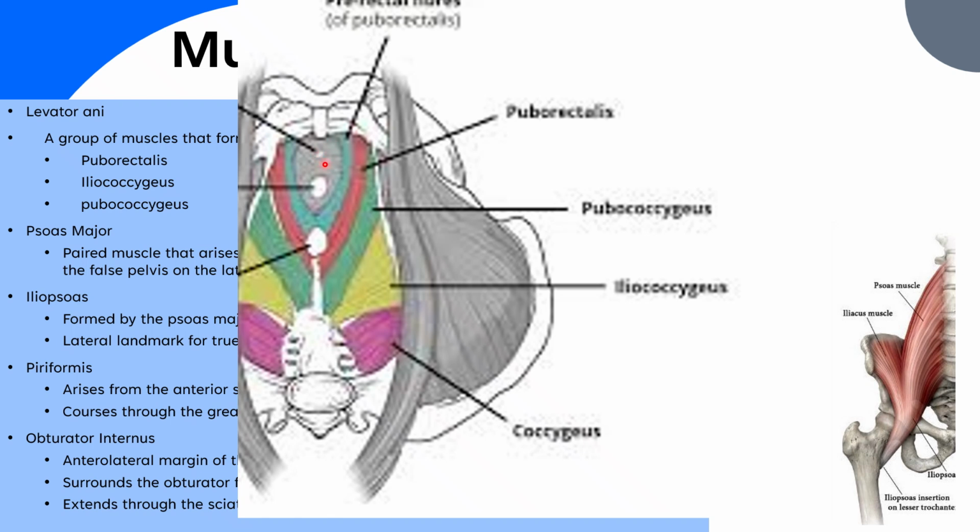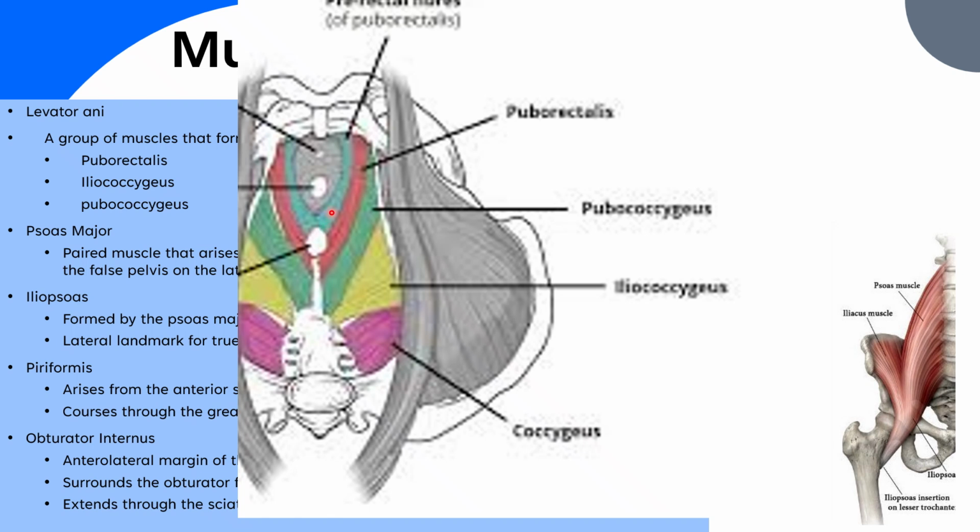So knowing that, do you guys see this blue and this red line here? Both of these muscles are the puborectalis. The reason they're colored different here is because this blue section is actually going to be the prerectal puborectalis. And that means it's coming before the rectum.